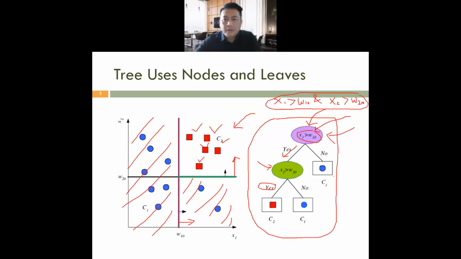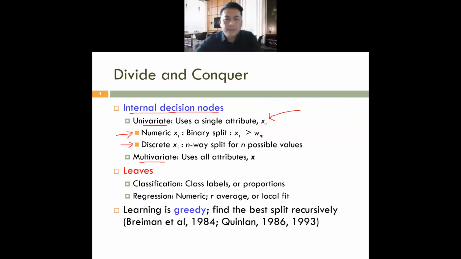So the leaf is considered the class label, for classification. But for regression, this is a numeric value, which is the average. Remember that we performed the regression tree. So for the regression tree, we try to reduce the standard deviation when we want to split the tree.